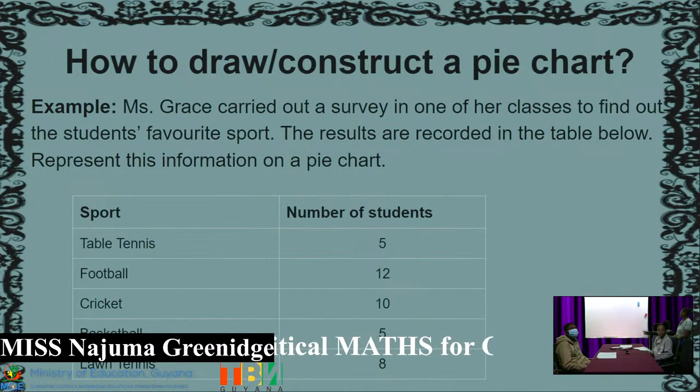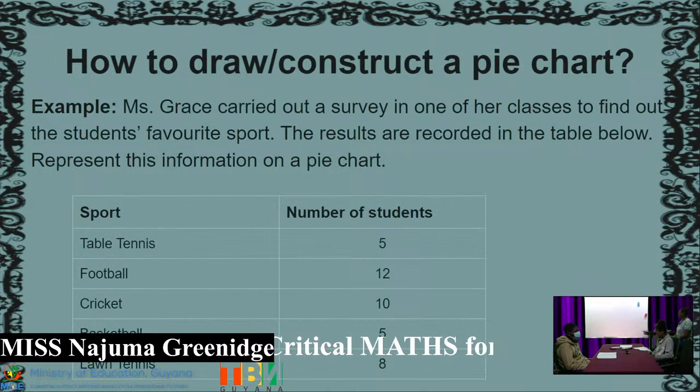Let's look at how to draw or construct a pie chart. Example: Miss Grace carried out a survey in one of her classes to find out the students' favorite sport. The results are recorded in the table below. Represent this information on the pie chart. Great. So, we would have gathered the data from Miss Grace's survey.